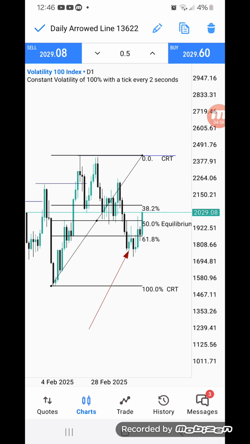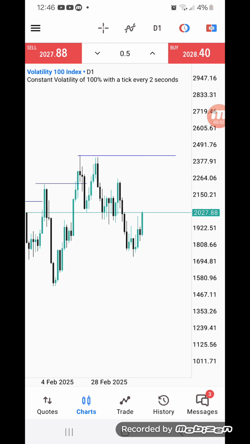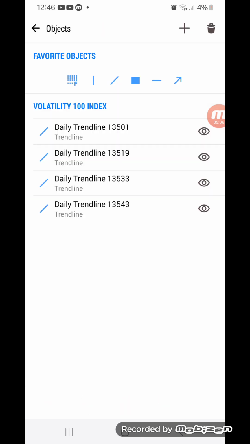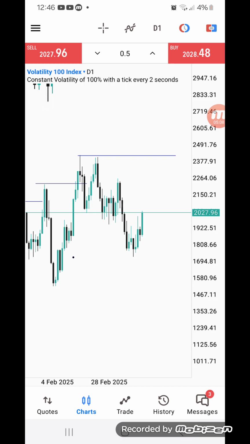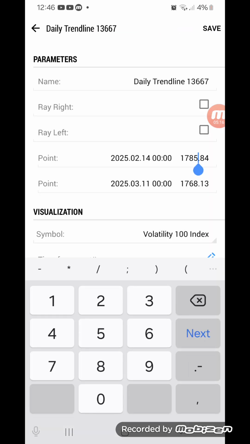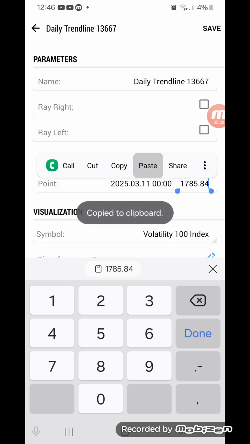Now let's see how the market proceeded with our analysis. The other thing I want you to note is that the market was able to take this liquidity over there. It took that liquidity. Let me mark it.